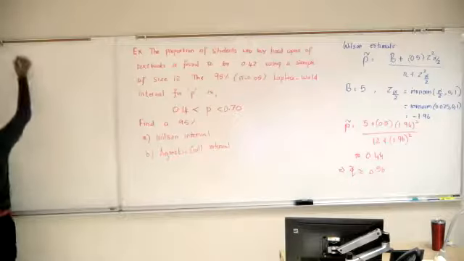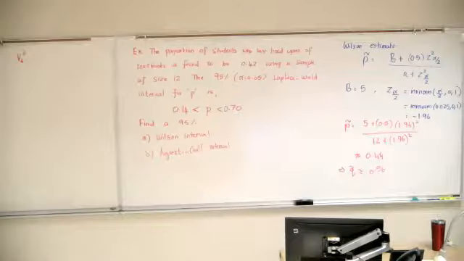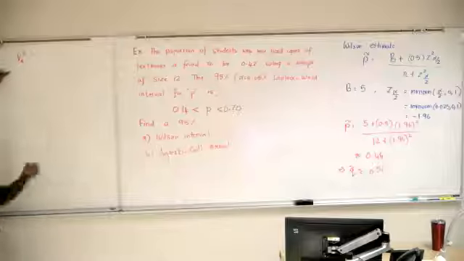The next step is we need to find V star. In order to do that, we've got to find V star squared.